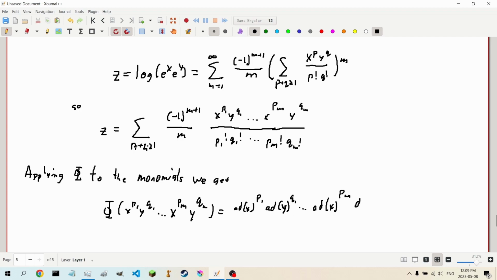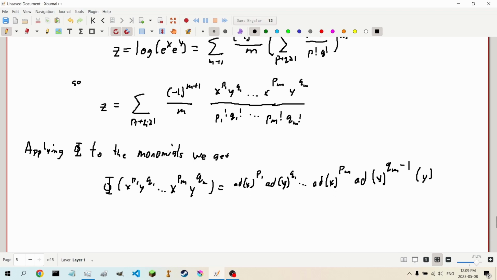Now, the last one, if we recall, everything acts on the very last element in the product. So we're actually going to split off one y from this last term. This whole big series of adjoints acts on y.